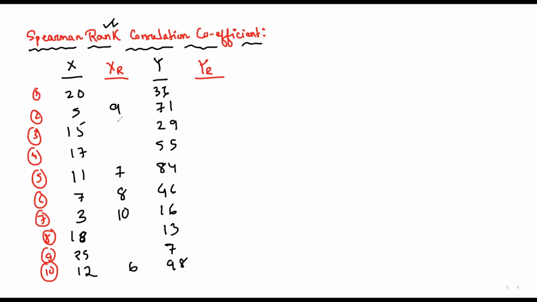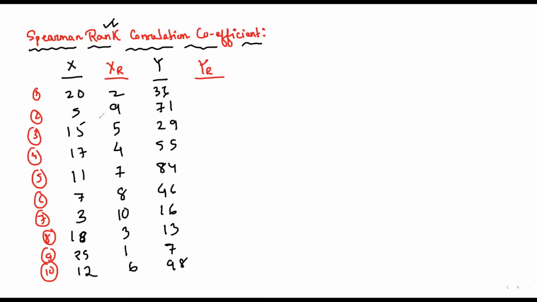Then 15, rank 5. Then 10, 9, 7, 6, right? Then 5, then this one, 15, 17. So this is 4, this is 3, this is 2, and this is 1. Okay. So this is how we rank them.